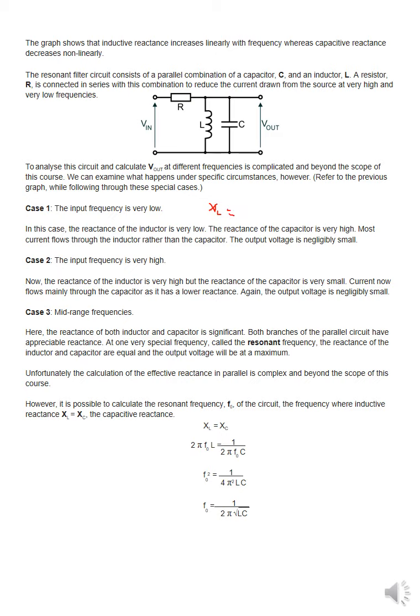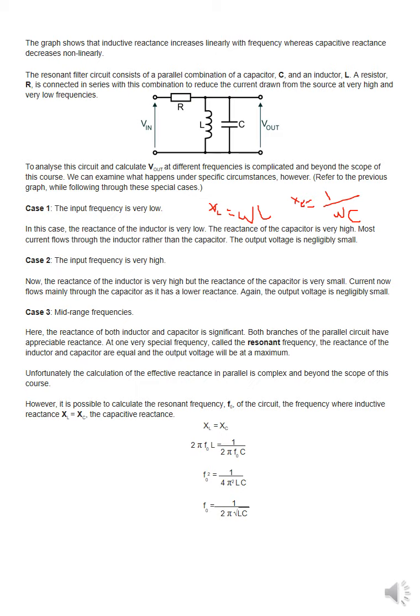Just use these equations: XL equals omega L and XC equals 1 upon omega C. So when frequency is low, XL is very low, and XC will be very high because it's in the denominator.